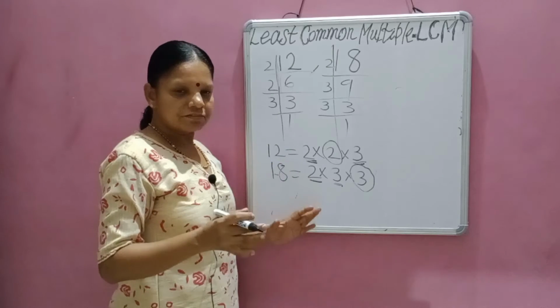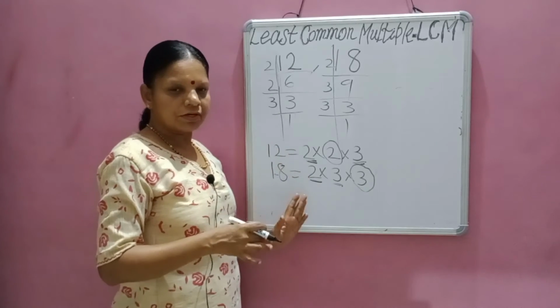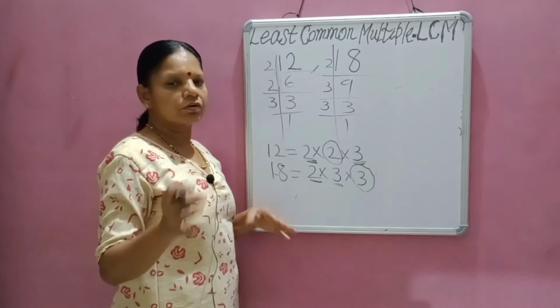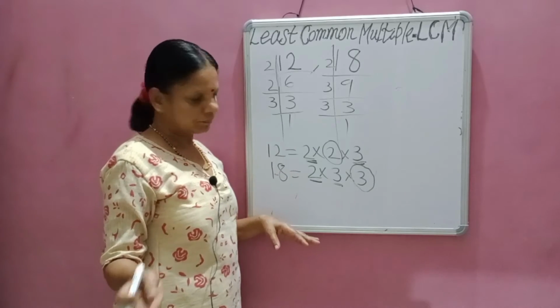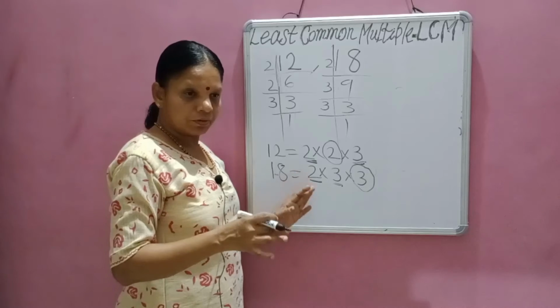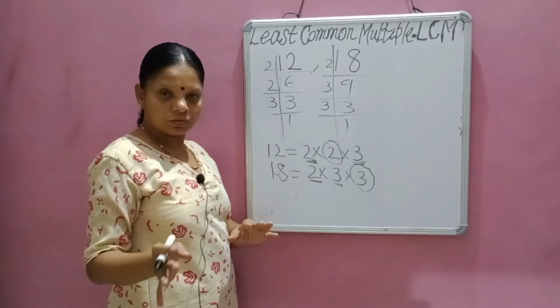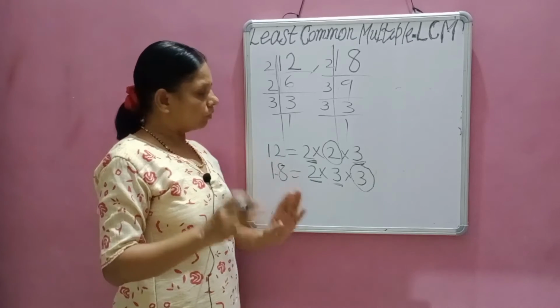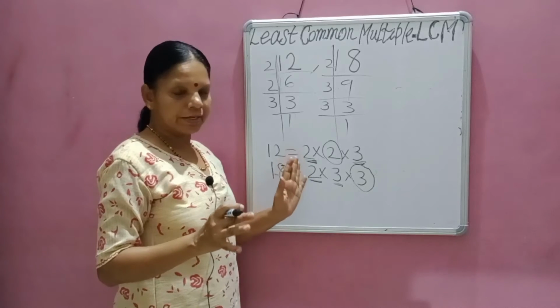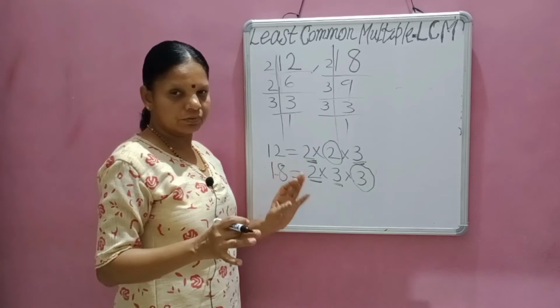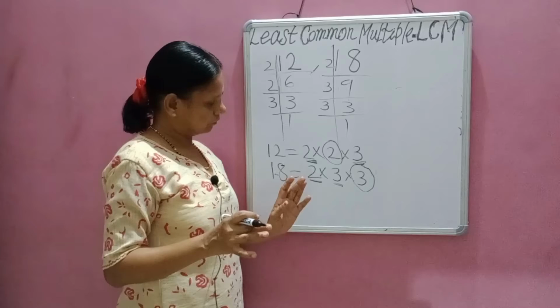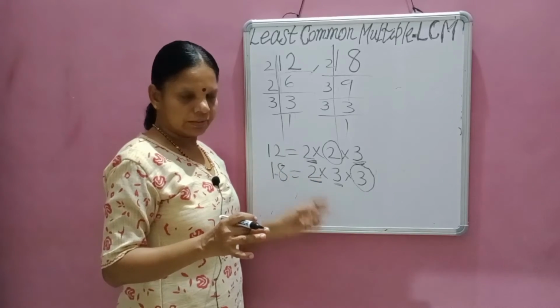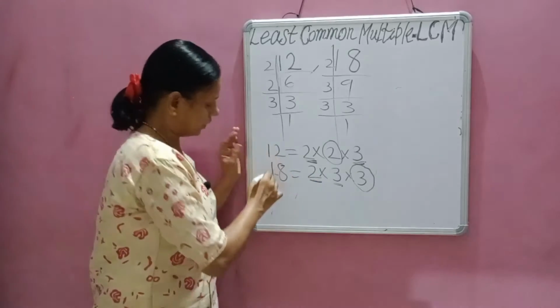Then LCM equal to common factors into non-common factors. When you write the product, common factors write only one time. Both the two you need not write, only one. So what is LCM?